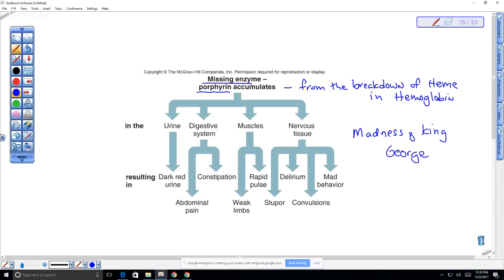And so they would lock him up, and then he would get better, and then he would go crazy again. And so this was just another example of pleiotropy, right? That was found in a famous person.